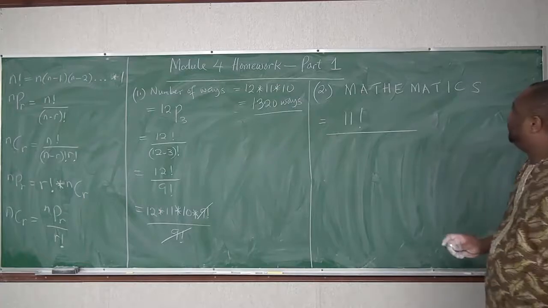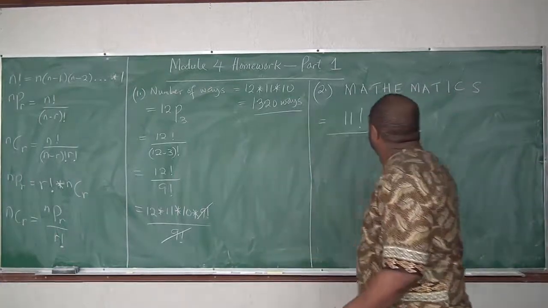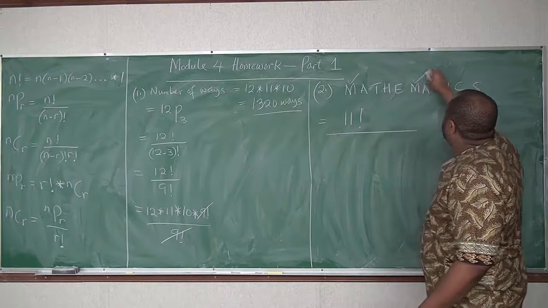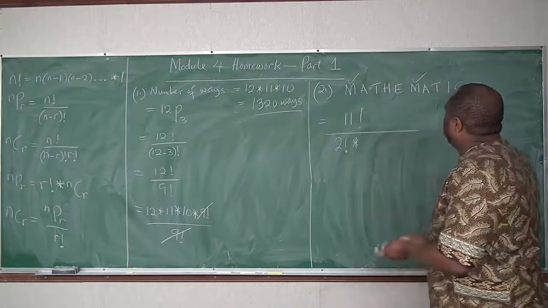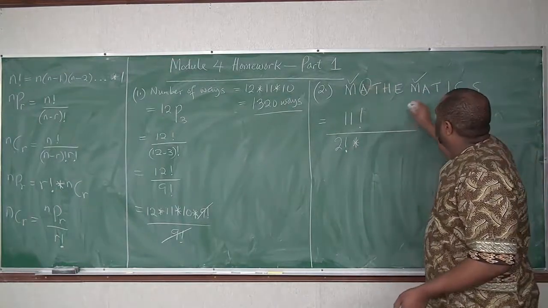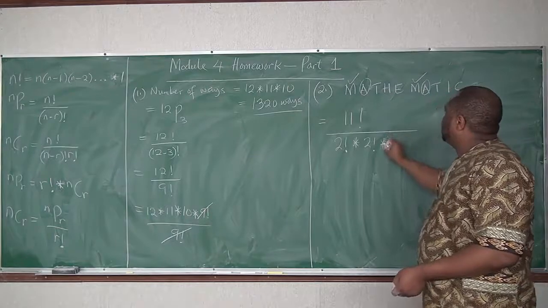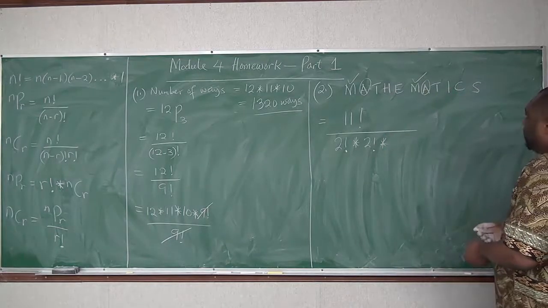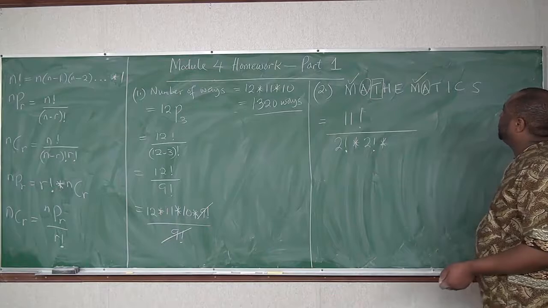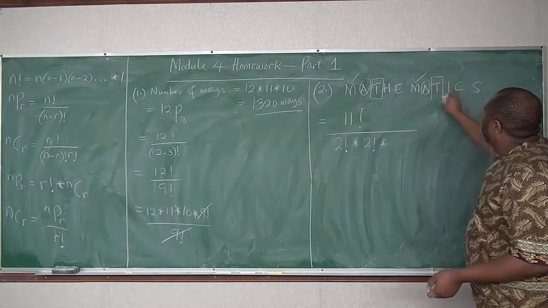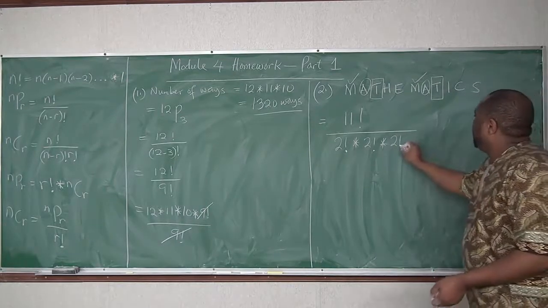Let's see the ones that are duplicates. So M and M are duplicates, so we write 2 factorial times A. A is a duplicate, so I write 2 factorial times T. T also is a duplicate, so I write 2 factorial.